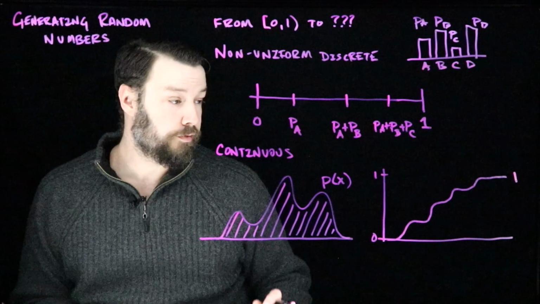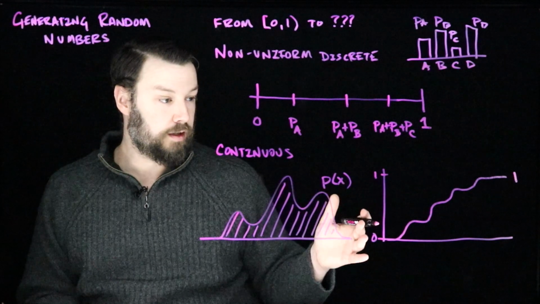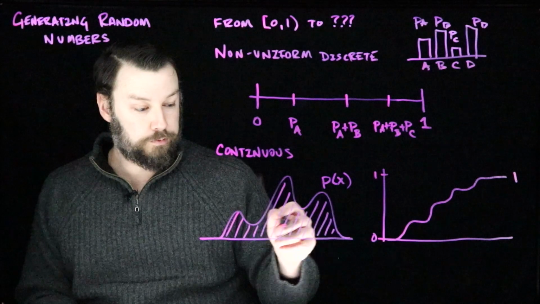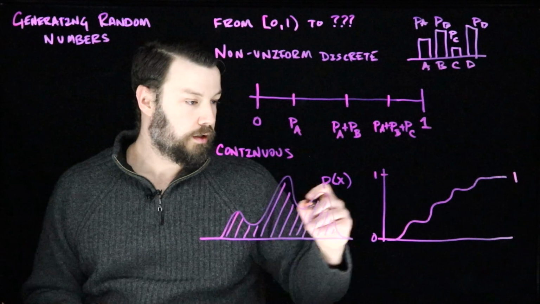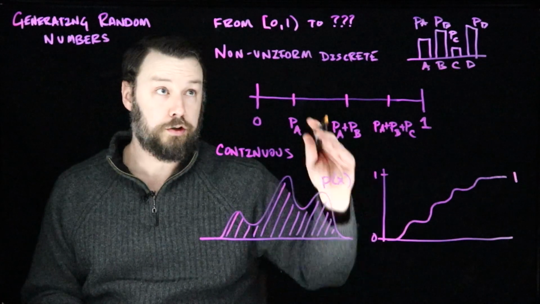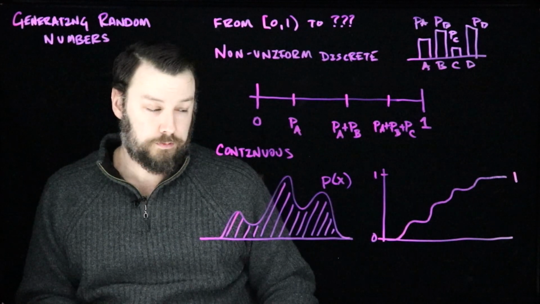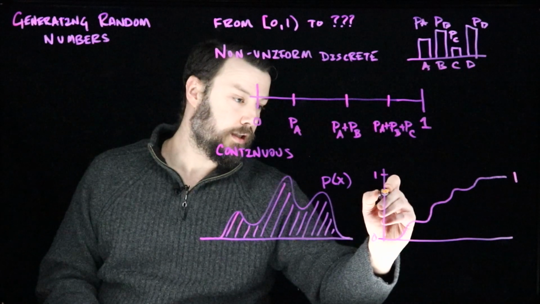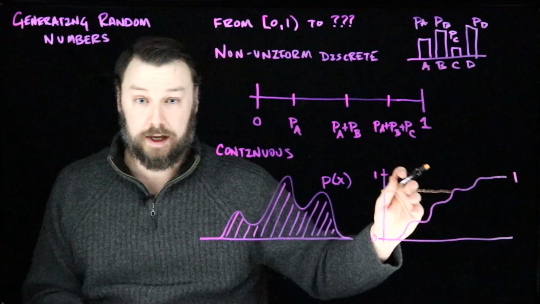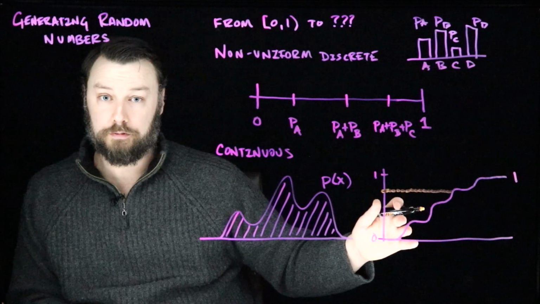So one of the key ways we can think then about how to generate a uniform random variate under this area is to draw uniformly here between 0 and 1 using our rand function. So draw some point, and then look and see where that meets the cumulative distribution function.